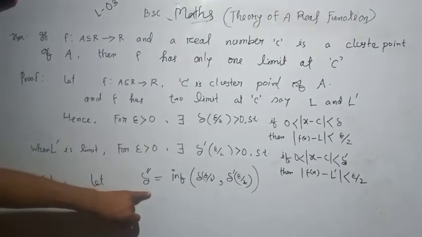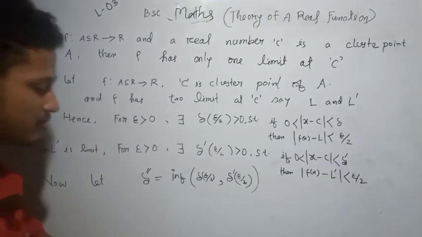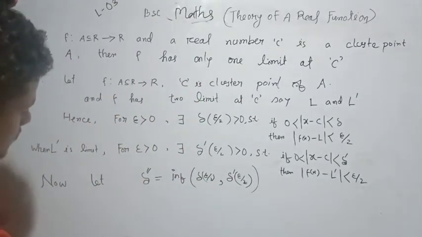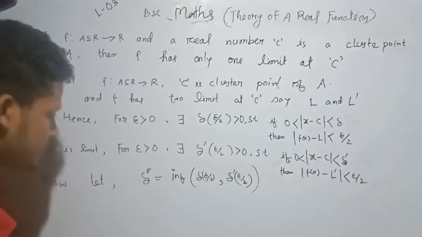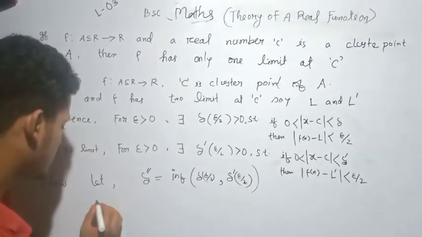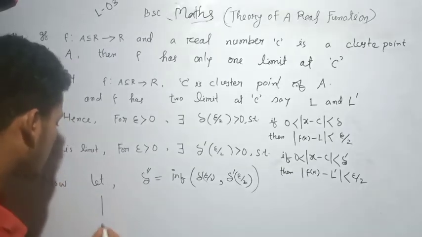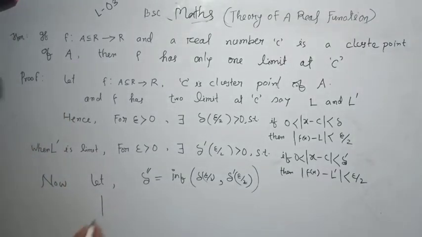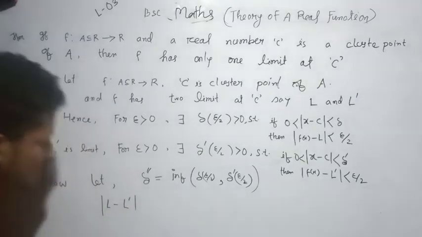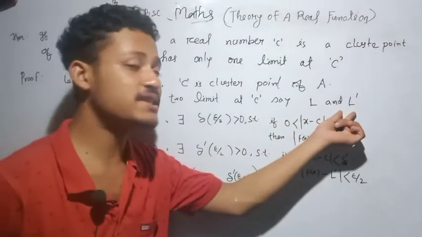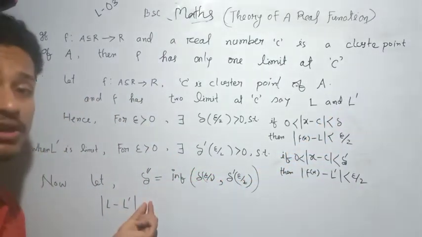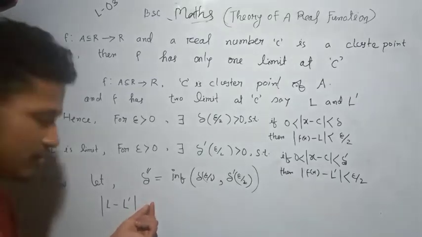For this delta double dash, what do we get? Now modulus of L minus L dash: if they are two distinct points, the difference between them is not equal to 0.